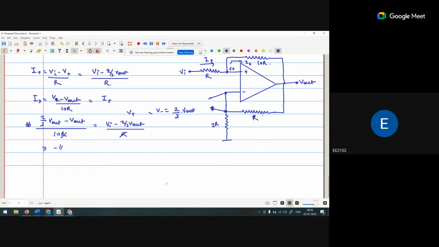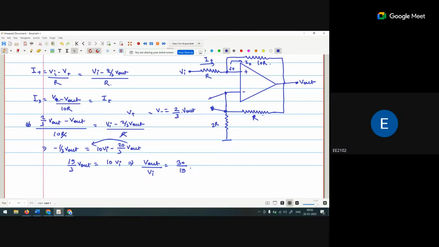It is minus 1 by 3 V out is equal to 10 times Vi minus 2 by 20 by 3 V out. If I take it to this side, it is 19 by 3 V out is equal to 10 Vi, and V out upon Vi is equal to 30 by 90. The professor solved this question.